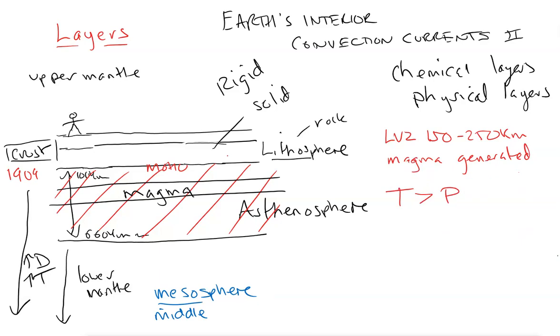So in this region, the LVC region of the asthenosphere, or even in the whole asthenosphere, the temperature is greater than the pressure. So what you get is the melting of parent rock or source rock or country rock, and you get the creation of melt. We know it as magma, which is basically liquid minerals, and there will be some dissolved gases in there as well.